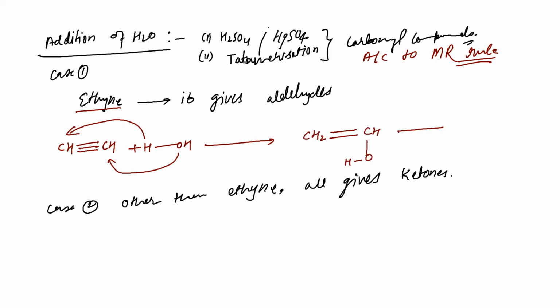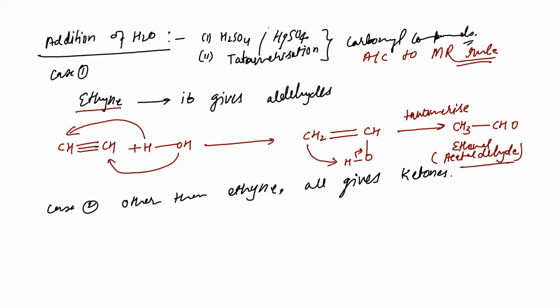Now it is going to be tautomerized. The hydrogen is accepted and the double bond shifts, so this will be CH3-CHO. This is ethanal, which is acetaldehyde. Now it is the acetaldehyde.